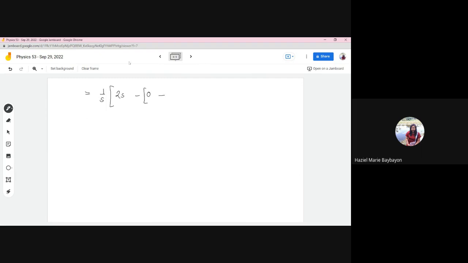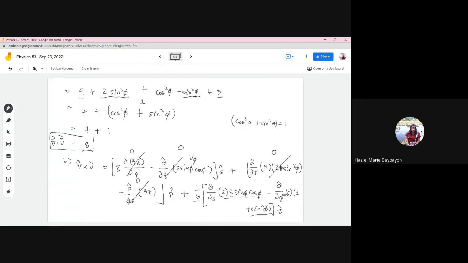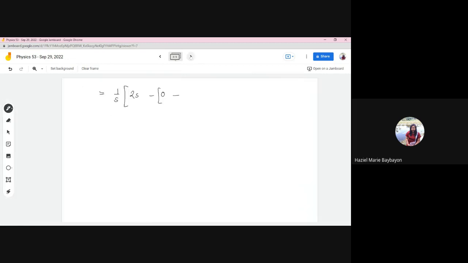Minus this term, which is ma-zero na siya, plus S, the derivative with respect to phi of S sine squared phi. So, this is your Z hat. Kini siya tanan kay Z hat na siya. Z hat na lang ang term ang habilin.